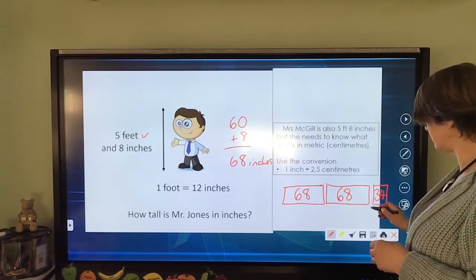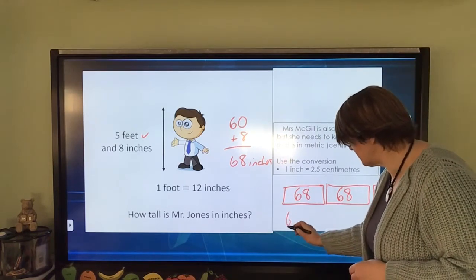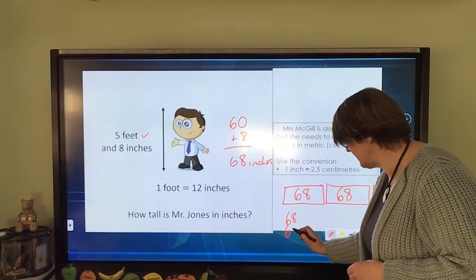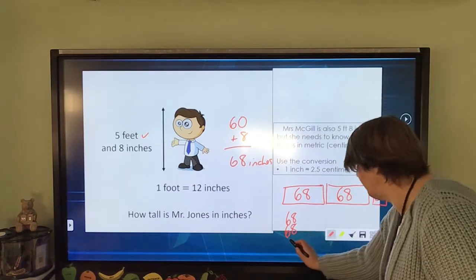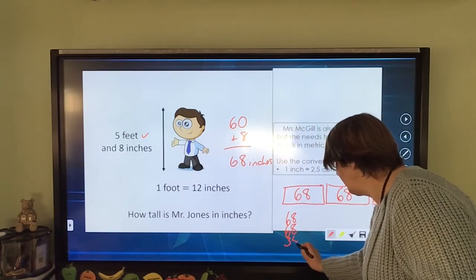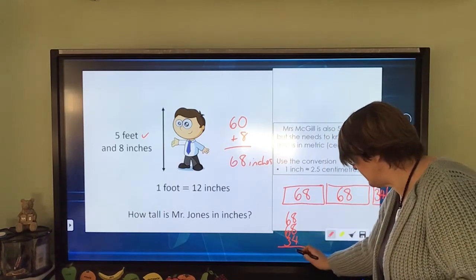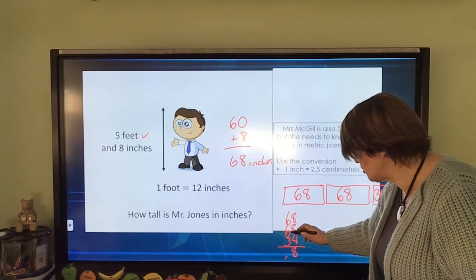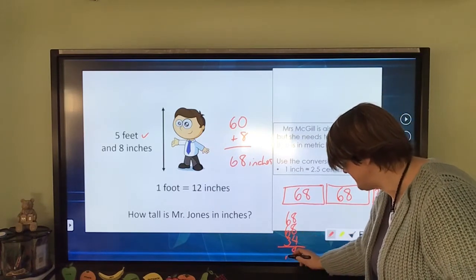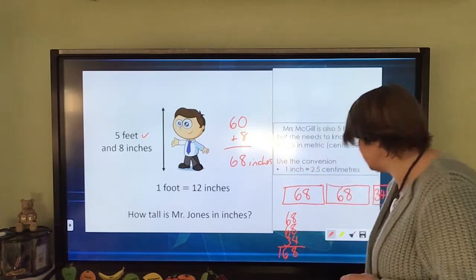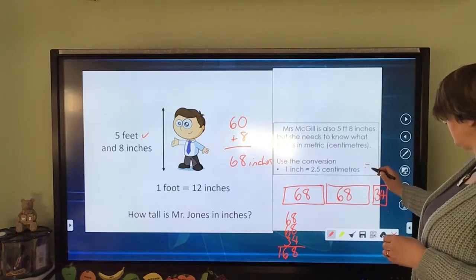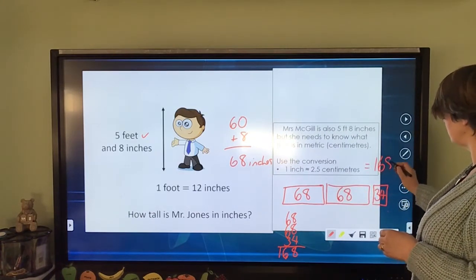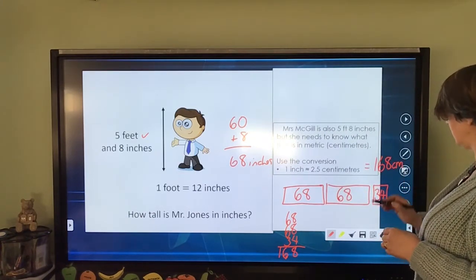And then I can add them together. So 68 plus 68 plus 34. So 8 plus 8 is 16, plus 4 is 20, 6 plus 6 is 12, 13, 14, 15, 16, 168. So in centimetres, it's 168 centimetres.